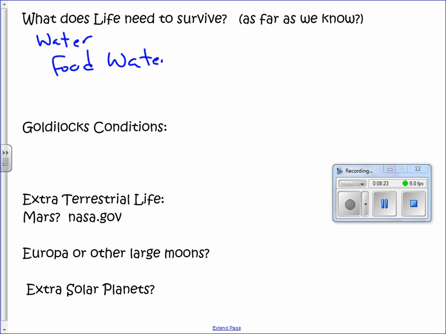Water's definitely needed. Does all life need oxygen? No, because of course plants don't. What do we use oxygen for? And what do we use oxygen and food for? Remember the 6 characteristics? So you need an energy source.